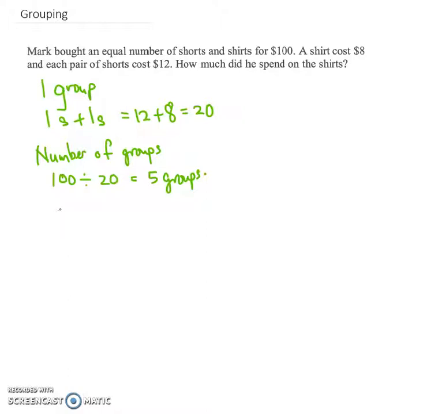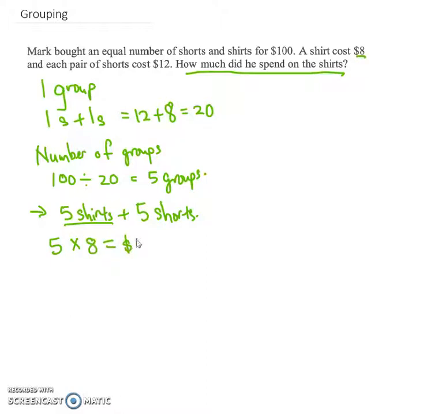So he bought 5 shirts plus 5 shorts. The question asks, how much did he spend on the shirts? Since he bought 5 shirts, it's 5 times $8 equals $40. So he spent $40 on the shirts.